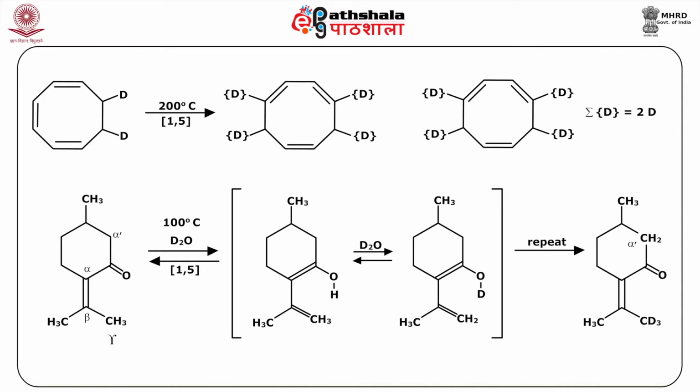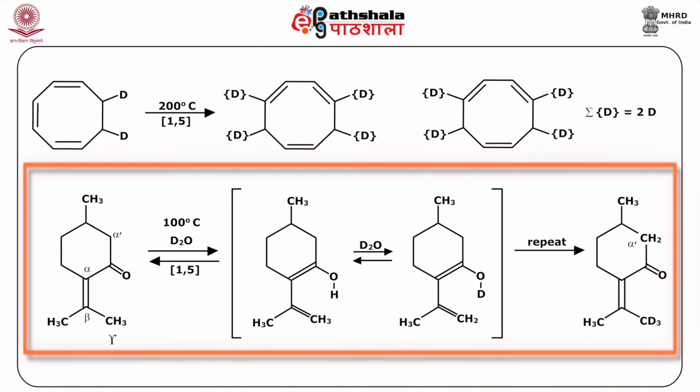On prolonged heating or at higher temperatures, these cyclooctatrienes undergo electrocyclic ring opening to 1,3,5,7-octatetraene and reclosure to vinyl-1,3-cyclohexadiene. The second example shows another 1,5 hydrogen shift from the proximal methyl group to the carbonyl oxygen atom.